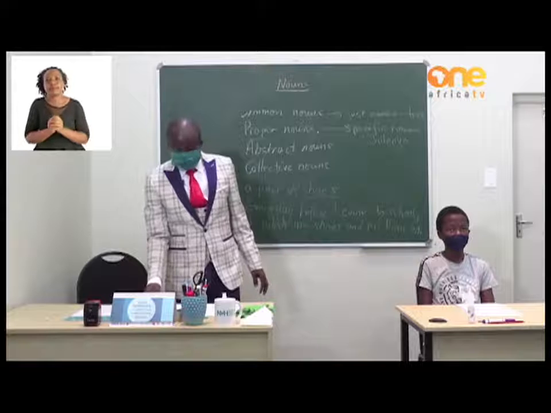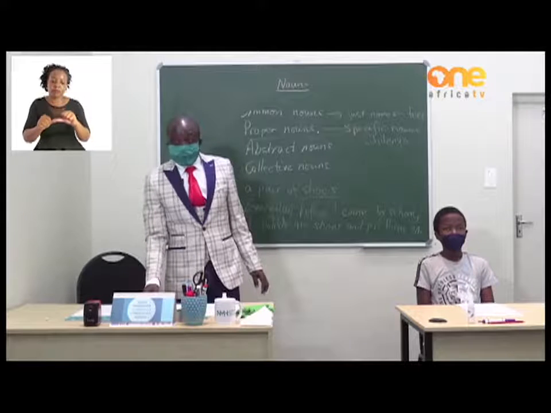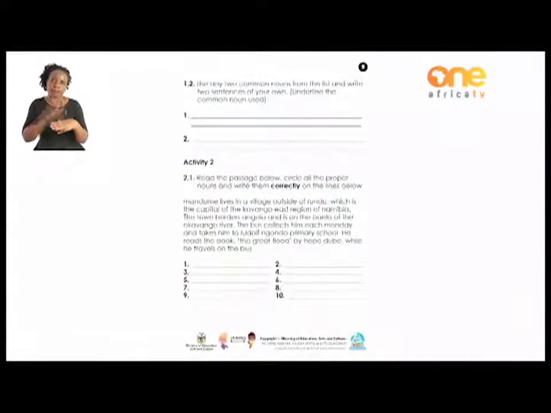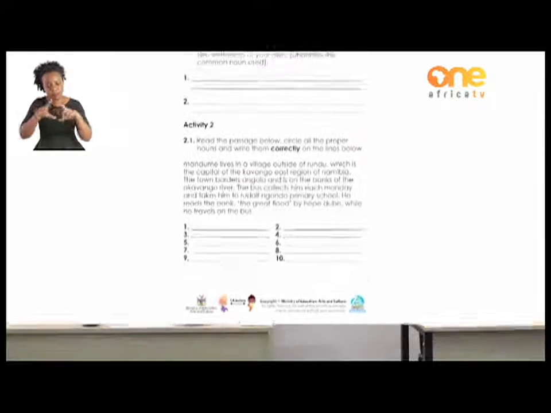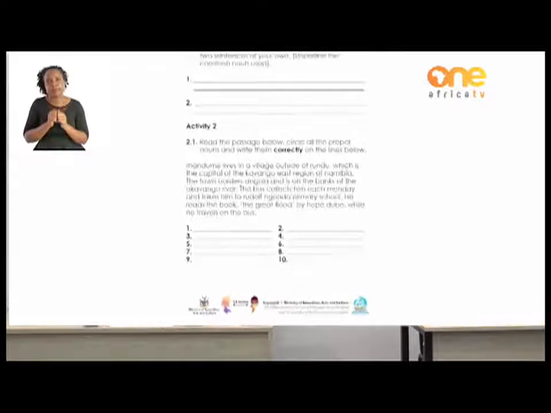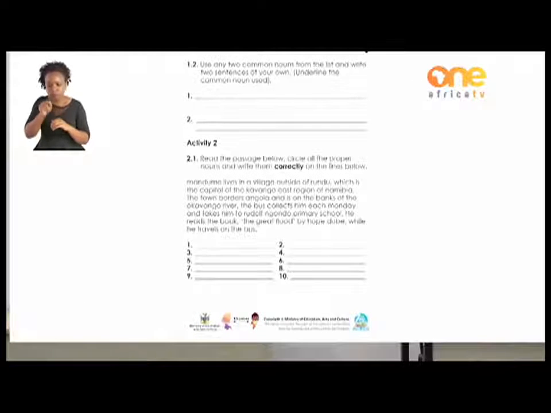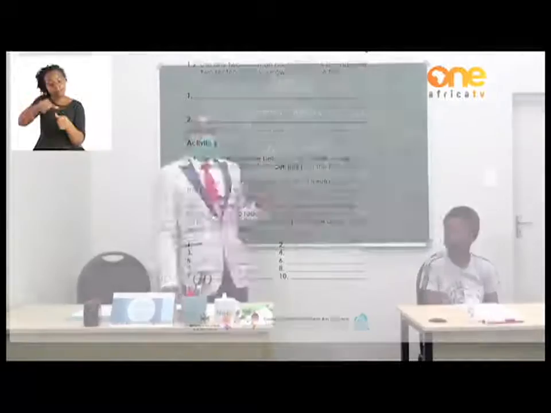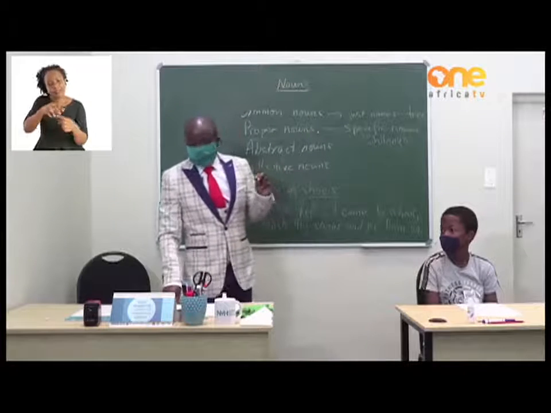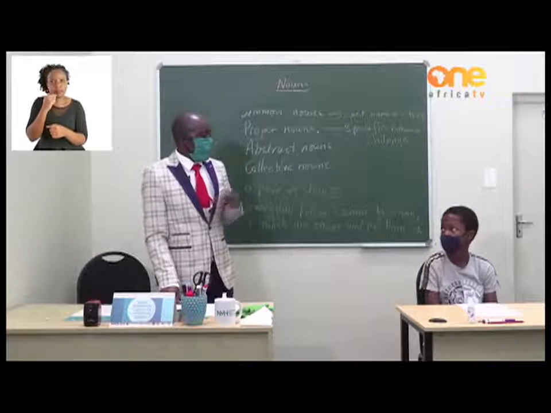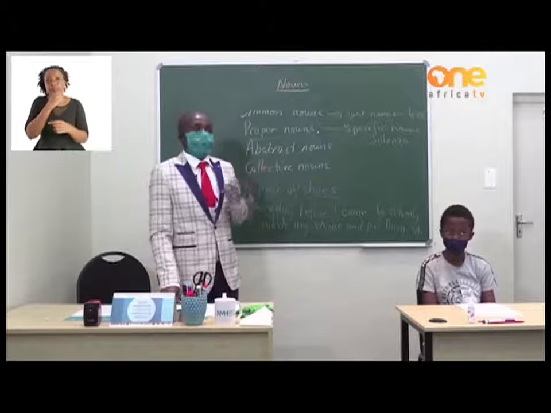All right. Let's move on to activity 2. Read the passage below, circle all the proper nouns, and write them correctly on the lines below. Remember we said proper nouns are specific names. They are specific names like names of people.